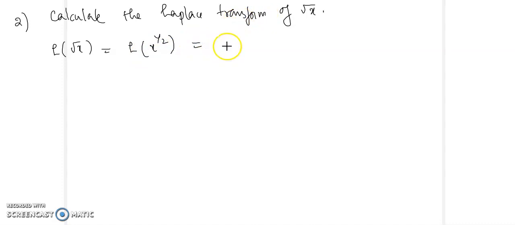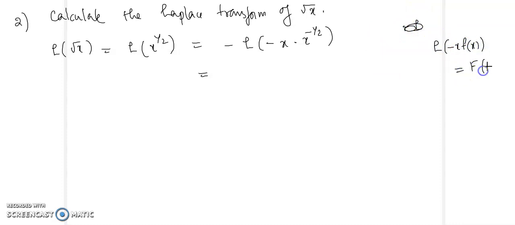This can be put in the form minus L of minus x into x raised to minus 1 by 2. Now we know that L of minus x into f of x is going to be equal to f dash of p. So this will be equal to minus d by dp of L of x raised to minus 1 by 2.